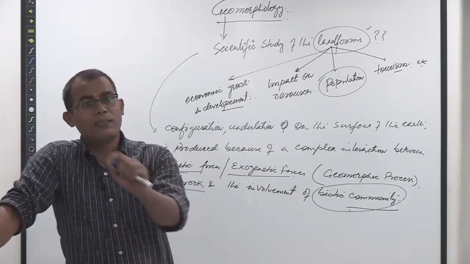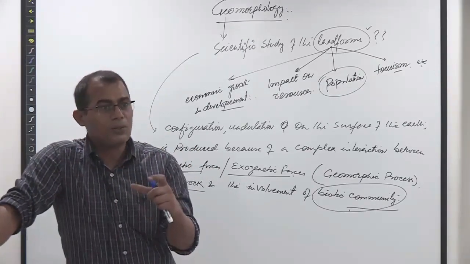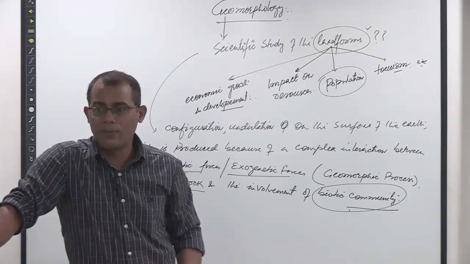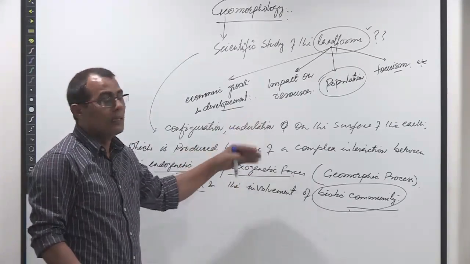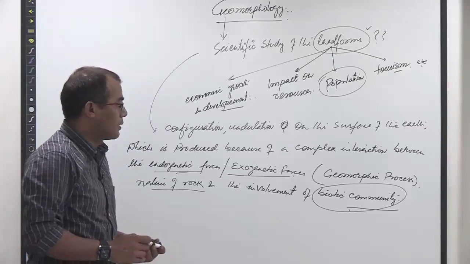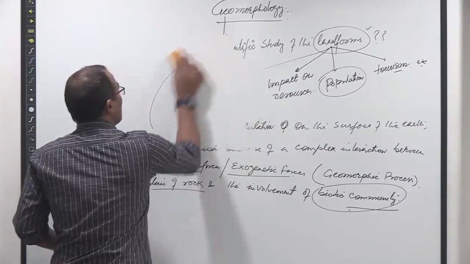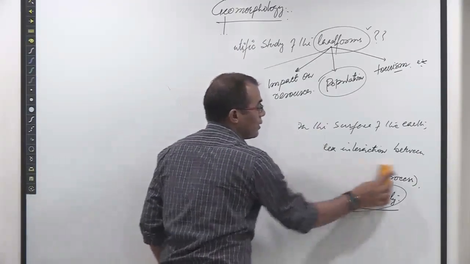Amount of sediments reaching up till delta can be increased by reducing the size of the volume and all. That's how humans are responsible for flood also. So that way it has become much more complex than what it used to be in the past. There is a term also that first order, second order and third order landform.